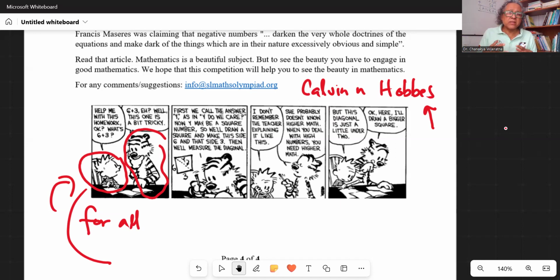It is alive. That's why the cartoonist draws the tiger like a live tiger. But when Calvin's mother and father are there, the cartoonist draws the tiger like a stuffed tiger. But when Calvin is alone with the tiger, it is alive. So he is his imaginary friend, Hobbes.